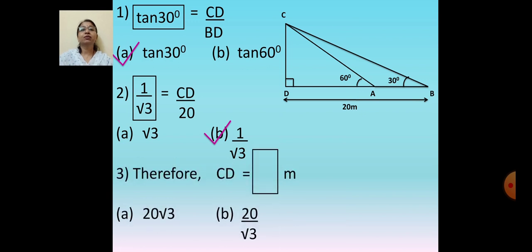Therefore CD, on cross multiplication, you will get the correct option 20 upon root 3 meters. So in this way we have filled all the boxes, selected the correct options. So the height of the tree is 20 upon root 3 meters.